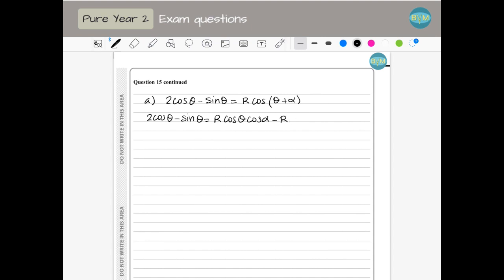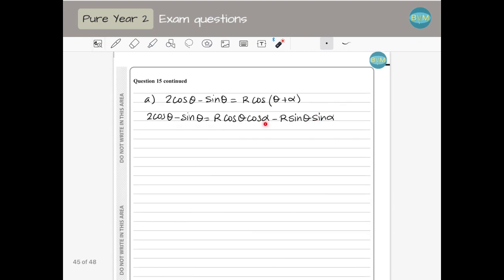I'm just using the addition formula for cos of a plus b. Cos alpha and sine alpha are just numbers because alpha is a particular value while theta is my variable.